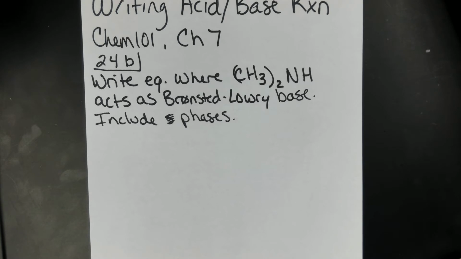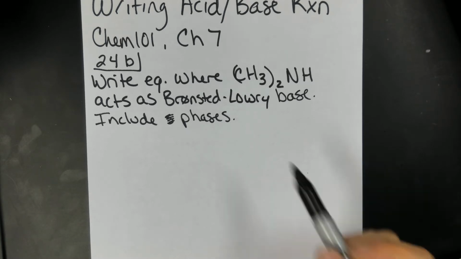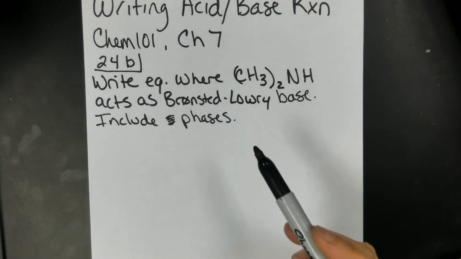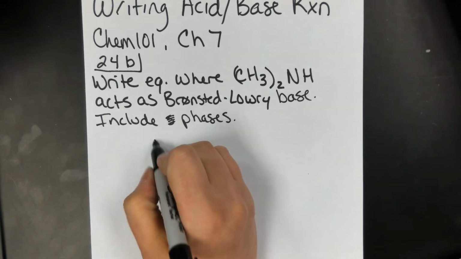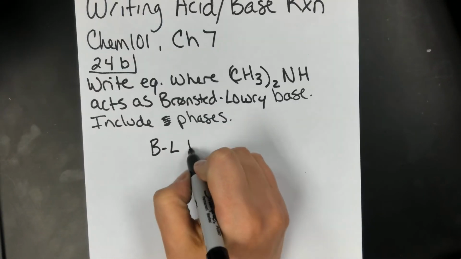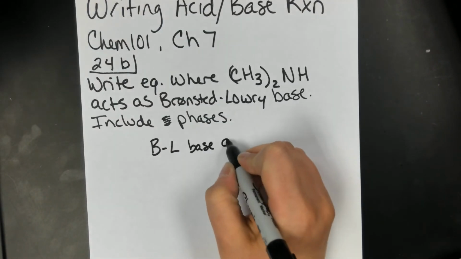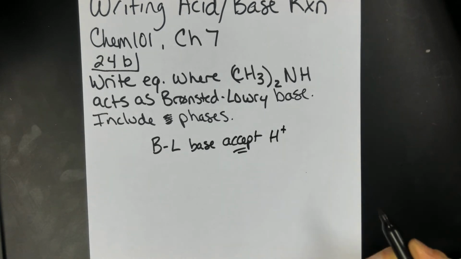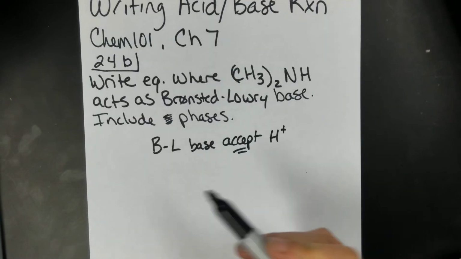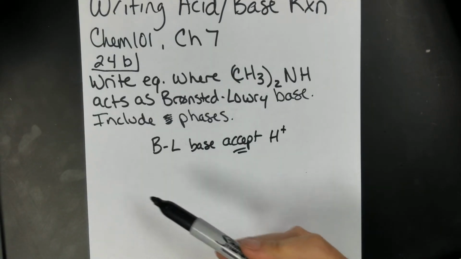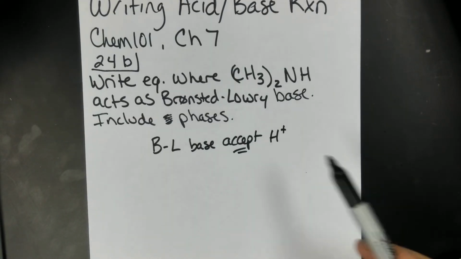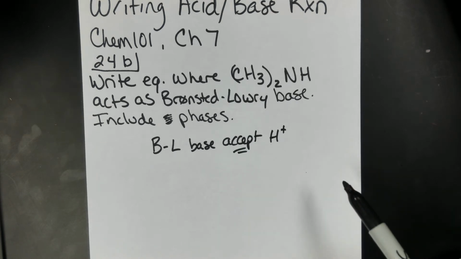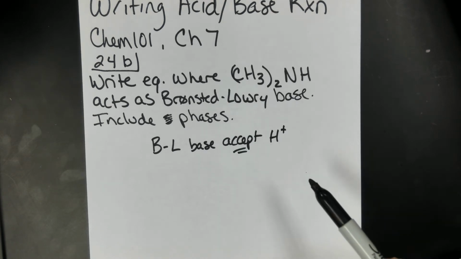So we have to identify, what does a Brønsted-Lowry base do? A Brønsted-Lowry base, B-L base, will accept a proton, an H+. So it will be its compound on the left, and on the right it will have accepted, have received this H+, this proton, right?